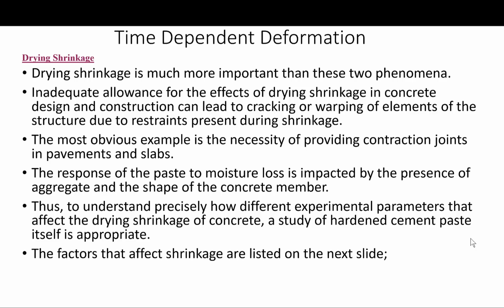The response of the paste to moisture loss is modified by the presence of the aggregates and the shape of the concrete member. So even with good jointing, uneven shrinkage caused by moisture loss only from the top of a slab, for example, can cause curling at the edges. So that's something you have to be aware of.